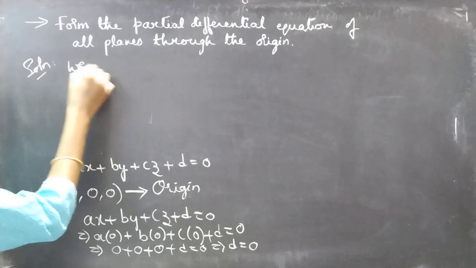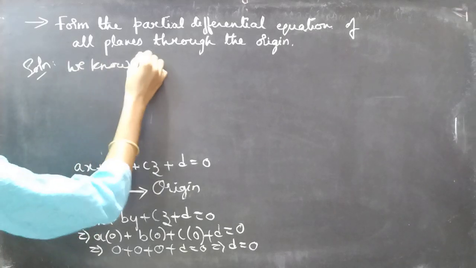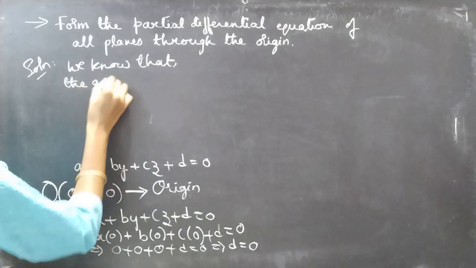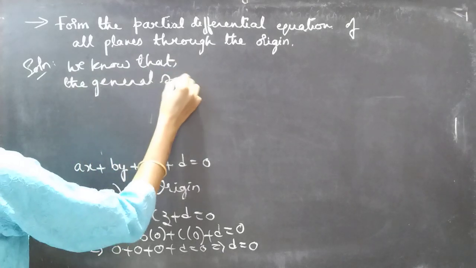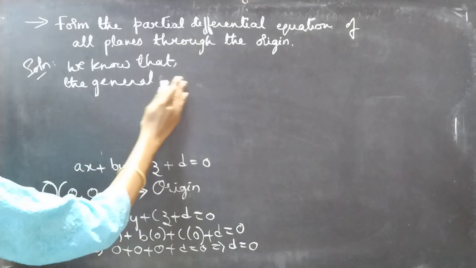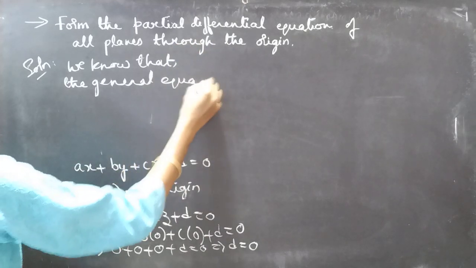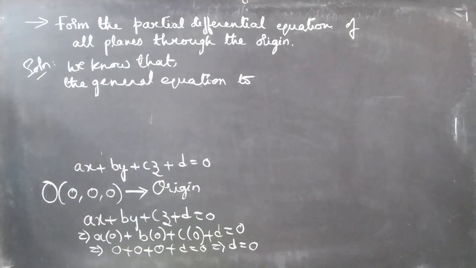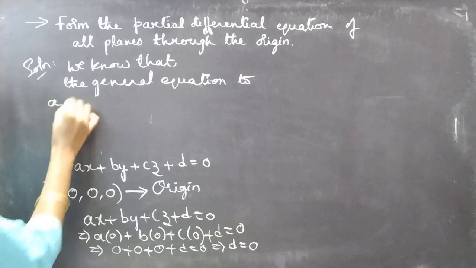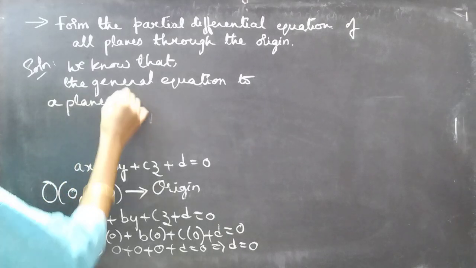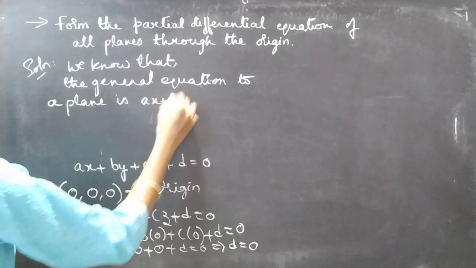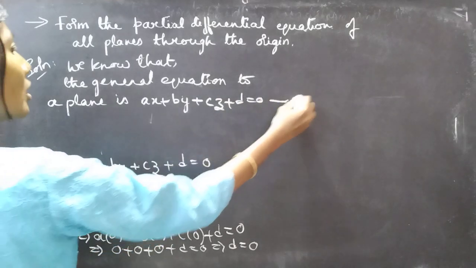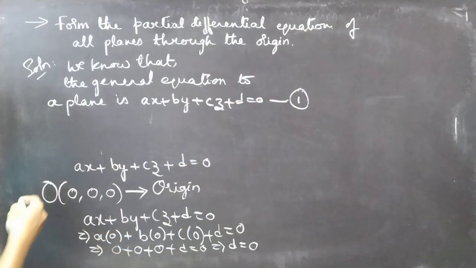We know that the general equation to a plane is ax plus by plus cz plus d equal to 0. Consider it as equation number 1.